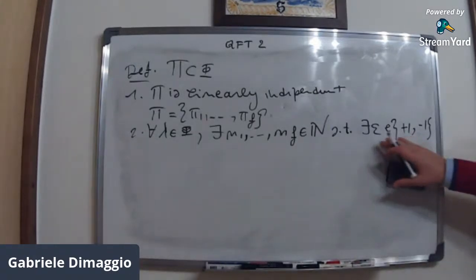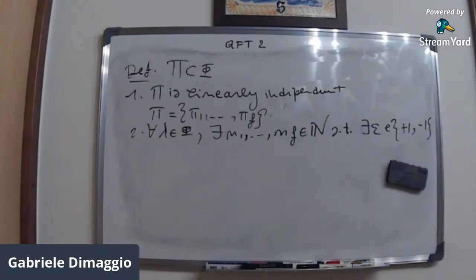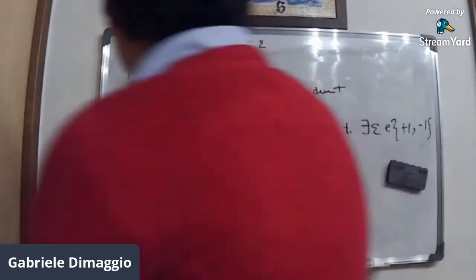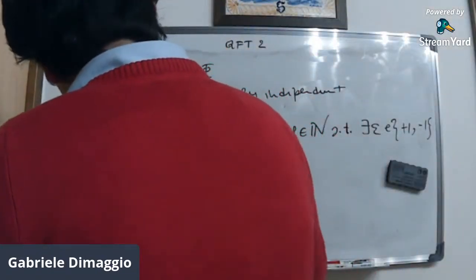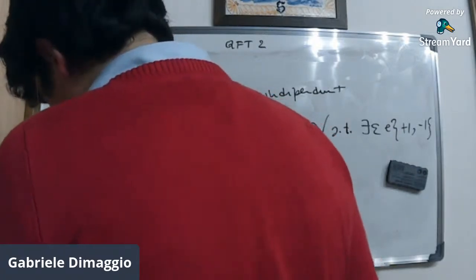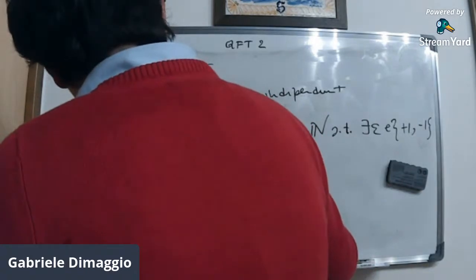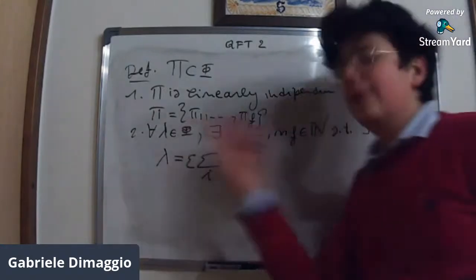So this number can be plus 1 or minus 1. And I have lambda equal to epsilon times the sum over i of ni pi i. I think this is the definition of a fundamental root.